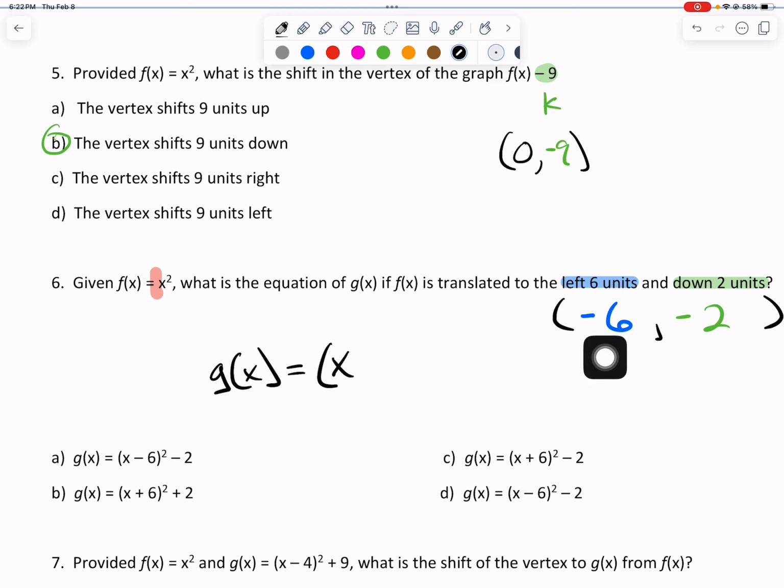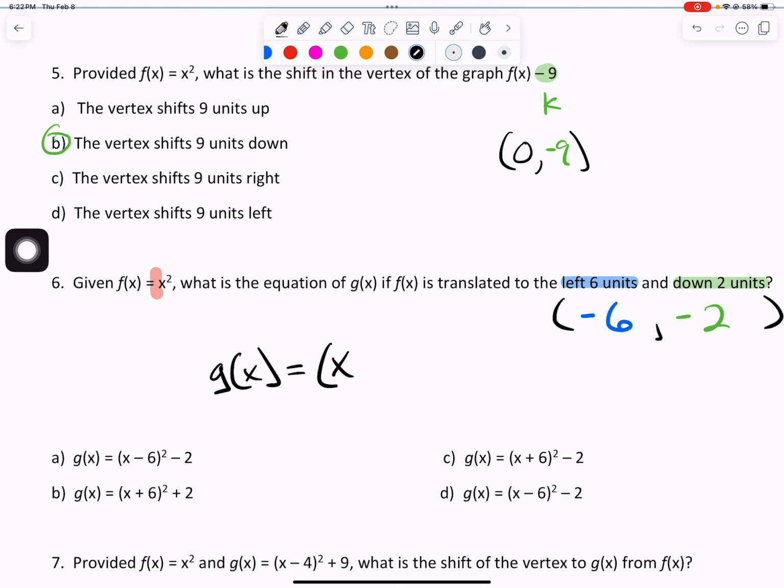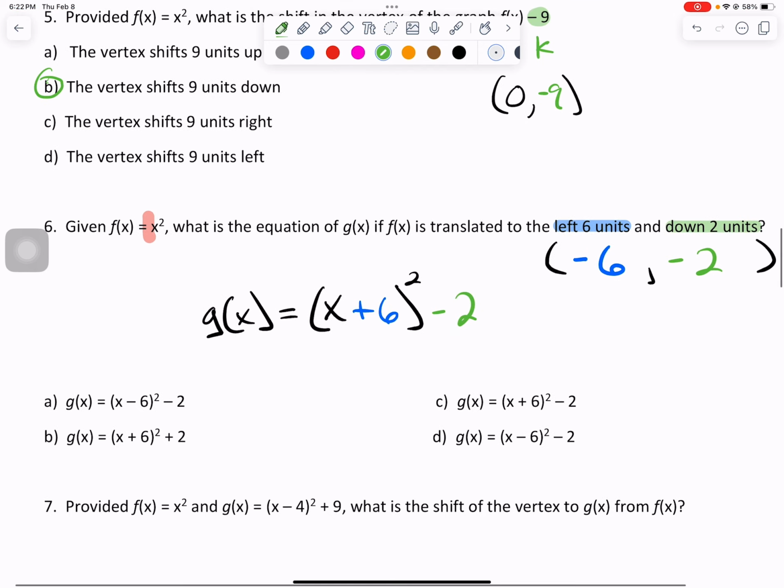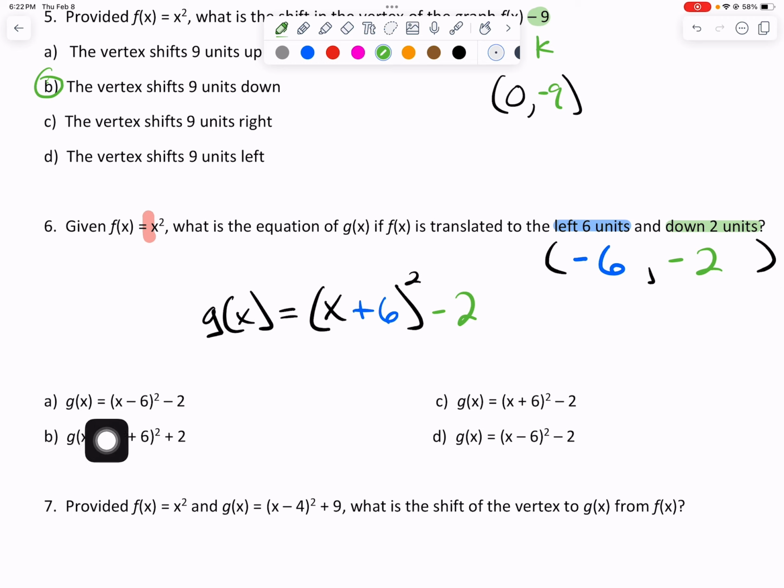And yes, we should all be comfortable by now that negative 6 is our h value. It's going to be flipped into a positive 6. So we will go plus 6. Close it, square it. Our k value, which is negative 2, stays the same. Go ahead and write it, and now let's find our answer.